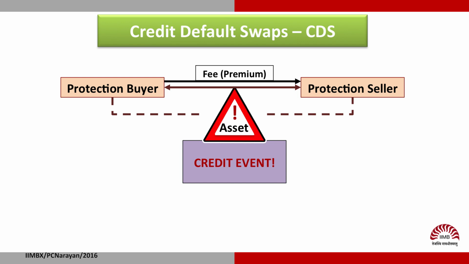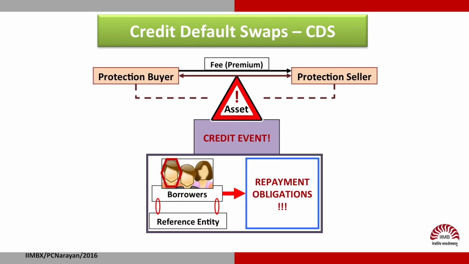An example of a credit event is a borrower, which is the reference entity, defaulting on his loan repayment obligations. The protection seller makes good any losses as per the terms of the credit default swap whenever such a credit event is encountered.